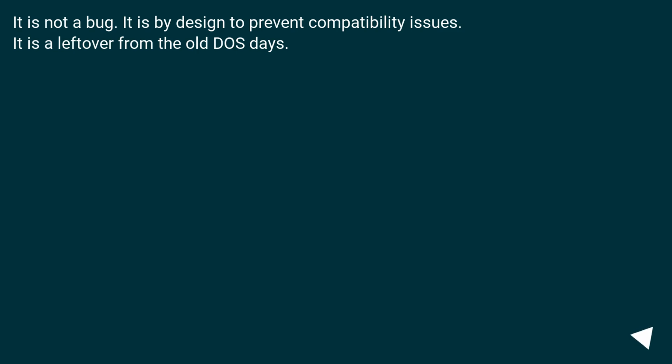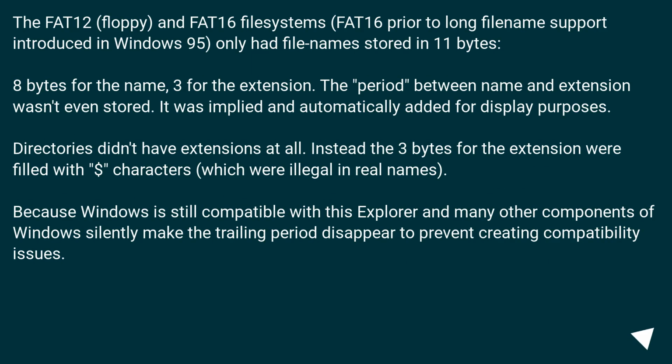It is not a bug. It is by design to prevent compatibility issues. It is a leftover from the old DOS days. The FAT12, floppy, and FAT16 file systems, FAT16 prior to long file name support introduced in Windows 95, only had file names stored in 11 bytes: 8 bytes for the name, 3 for the extension.